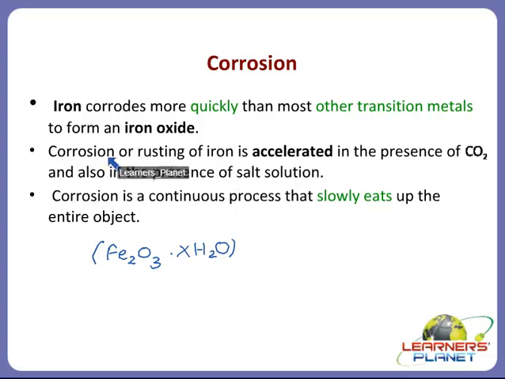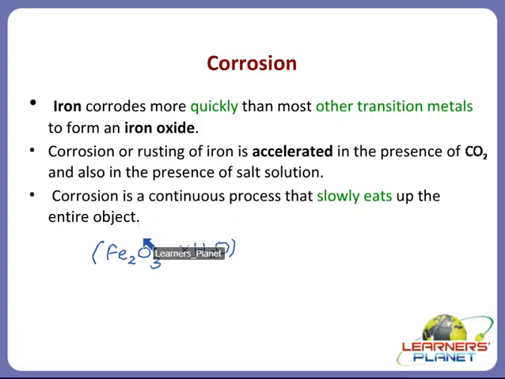Now this corrosion or rusting of iron is accelerated in the presence of carbon dioxide and also in the presence of salt solution. If there is salty water or sea water, the corrosion or rusting is accelerated. Now children, this corrosion is a continuous process that slowly eats up the entire object.